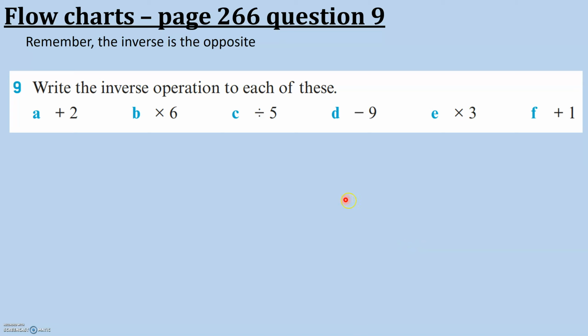All right, now what I want you to do is summarize your knowledge with this question. So I want you to write the inverse operation to each of these. I'm going to do the first one for you so you know what the question means. So the inverse operation to adding 2 is subtracting 2. All right, pause the video and off you go.